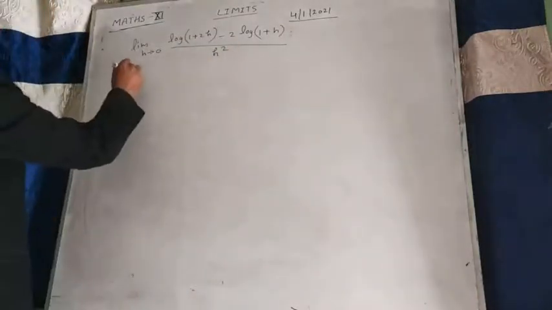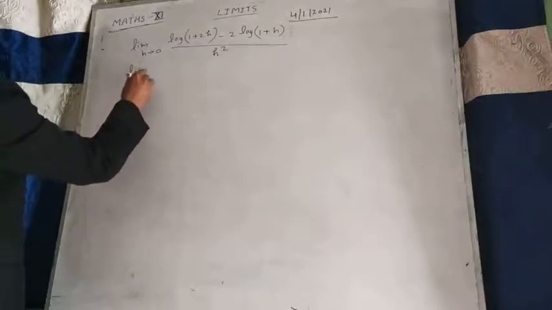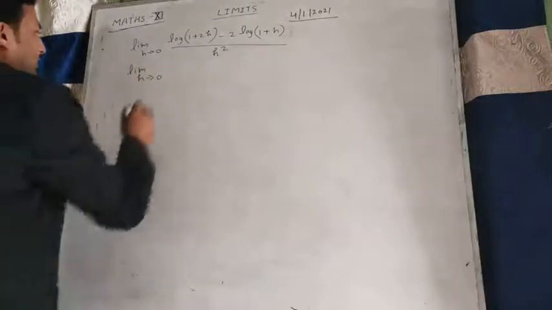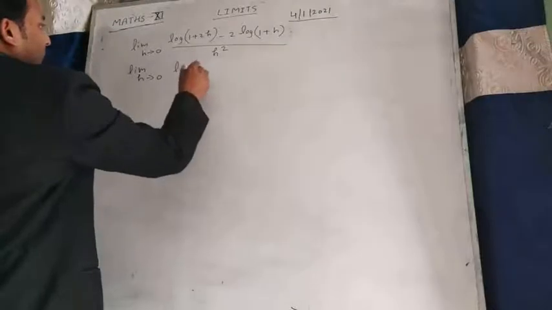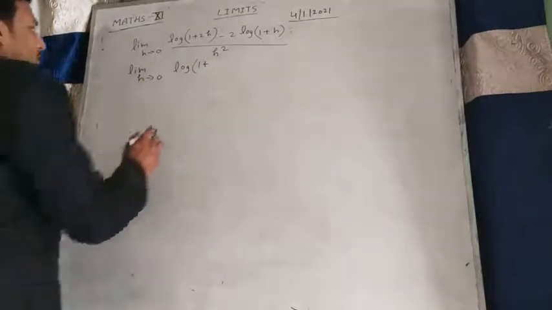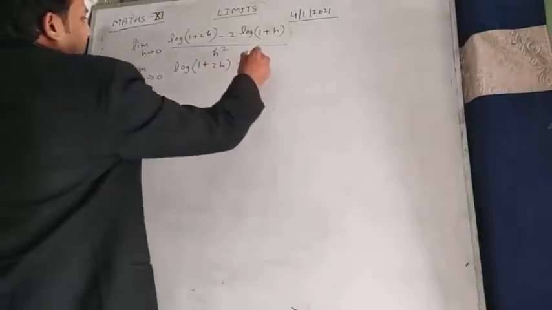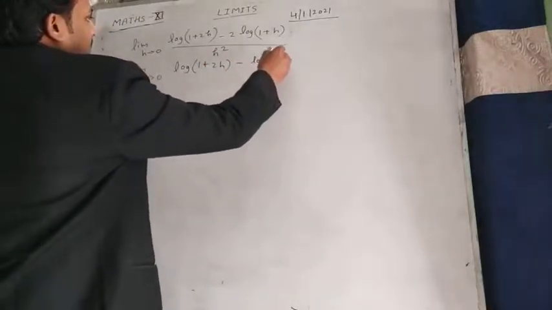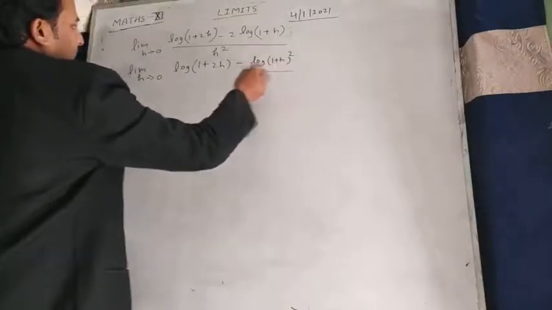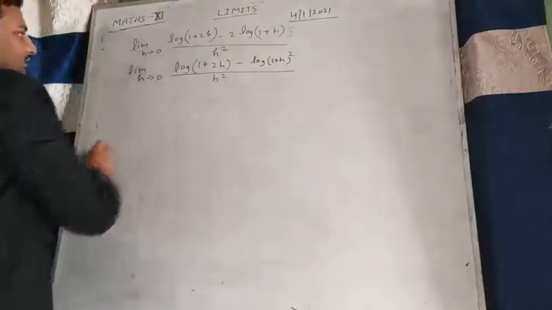Okay, so limit h tends to 0. Student, we can write log 1 plus 2h minus log 1 plus h whole square and by h square.